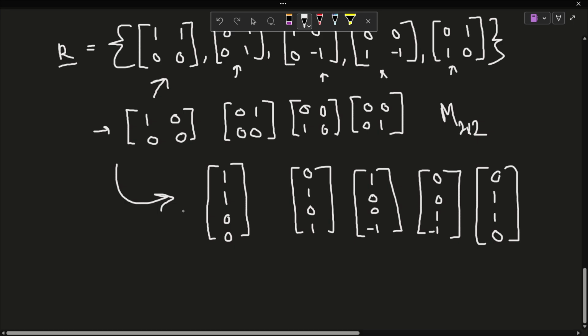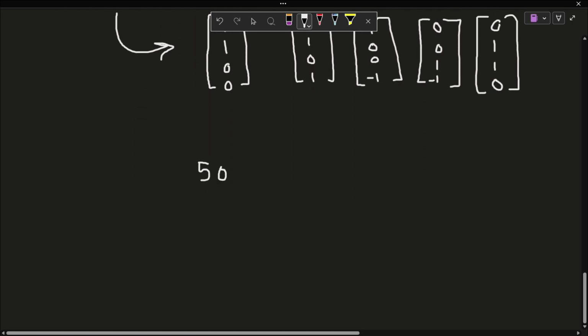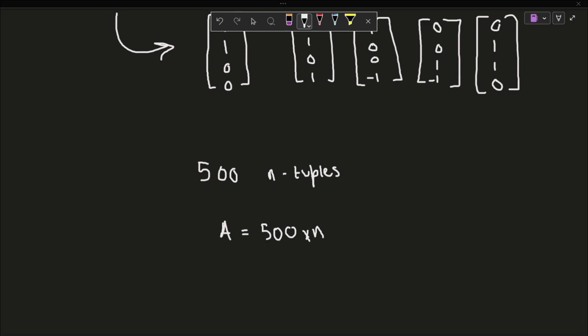So if you have, let's say, 500 n-tuples, well, then the idea here is that A would be a 500 by n matrix, basically. So you have 500 rows, each row would be one of the n-tuples in your set. And so if you have that, well, that's going to be linearly independent if and only if the rank of A is equal to 500 or however many elements are in your set.